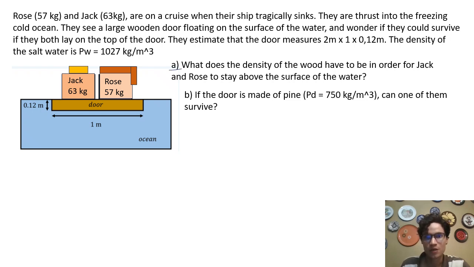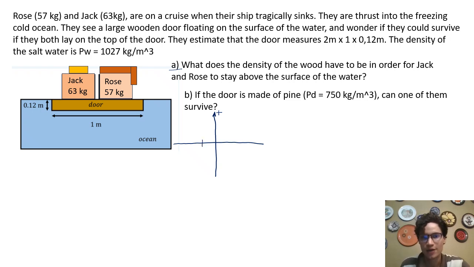The first question is, what does the density of the wood have to be in order for Jack and Rose to stay above the surface of the water? So first, we're going to draw a diagram with all the forces involved. Here we have the y-axis, and this is the positive side of the y-axis in this direction.